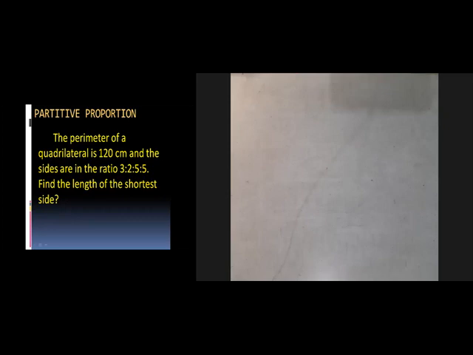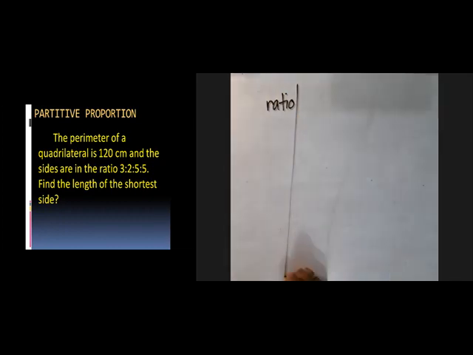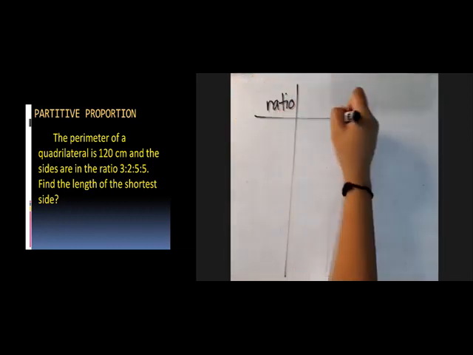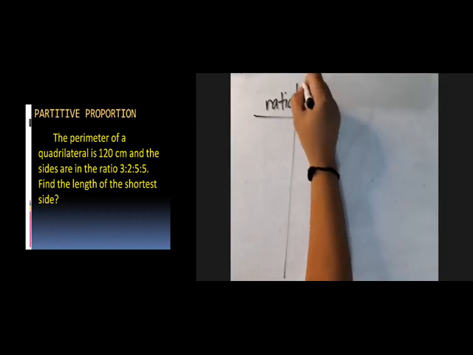Plus, we also have the word perimeter. What do we mean by perimeter? Perimeter is the total distance around a polygon. Okay? So this is a partitive proportion. So let's have our table. We have the ratio. And then this time we'll have sides. Okay? Actual sides.